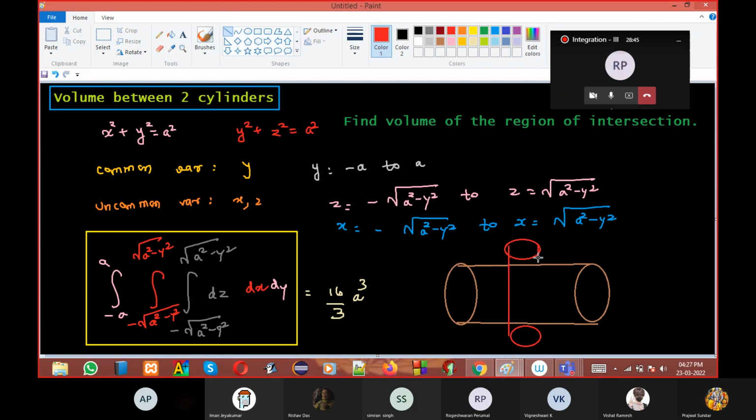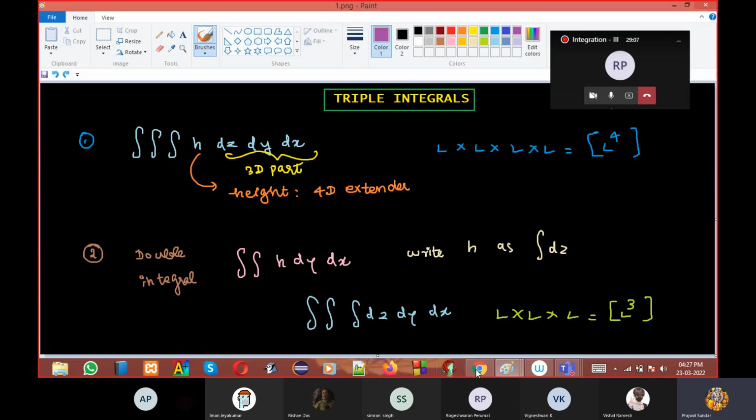Some region in the middle, the boundary you can't even visualize. Very difficult to visualize. If you put a net and see, some complex figure will come. I felt it's a waste of time, because if you know the limits directly, why waste our time visualizing? So till now what I taught is clear.